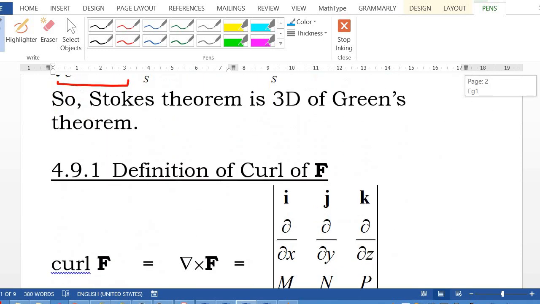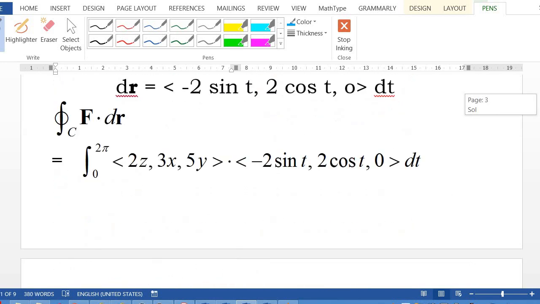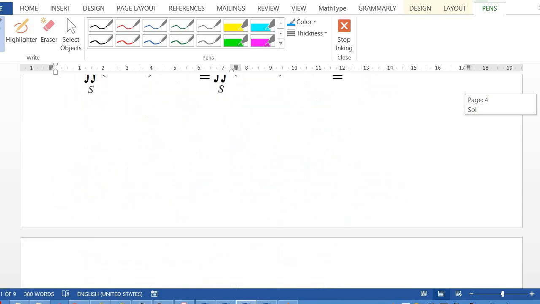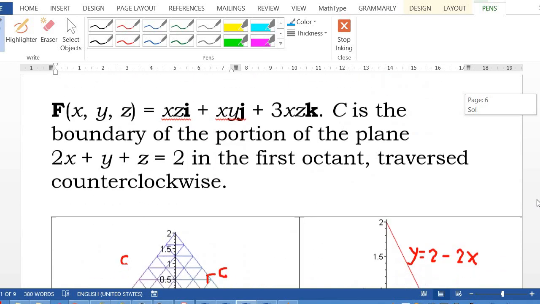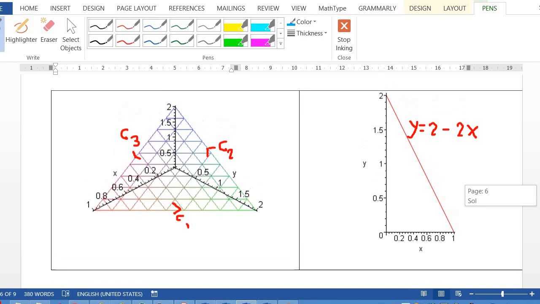If the curve C is 3D, curve C now is in 3 dimensions, so F dot dr. For example, you have the curve C on the tetrahedron, here C1, C2, C3. If you want to evaluate the line integral using F dot dr, then you have to break the curve into C1, C2, C3, 3 times.